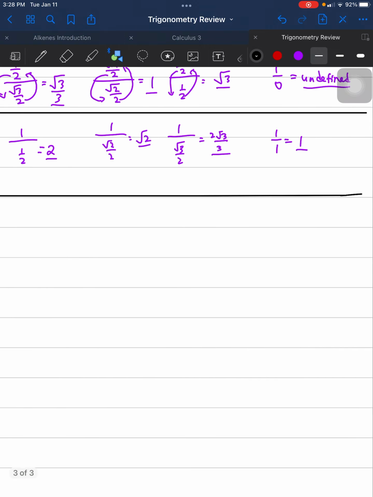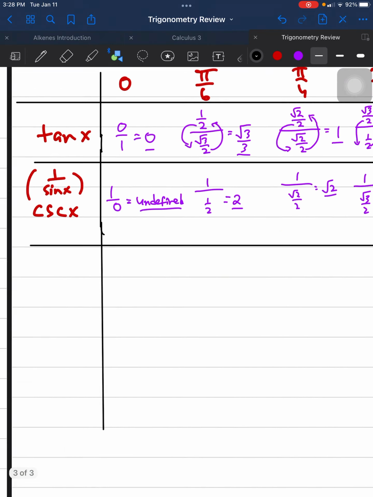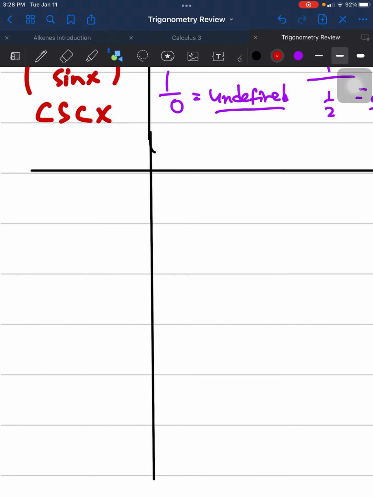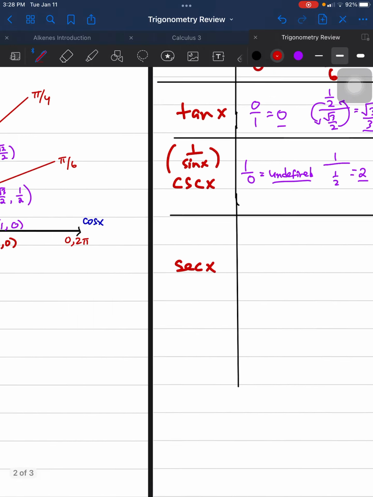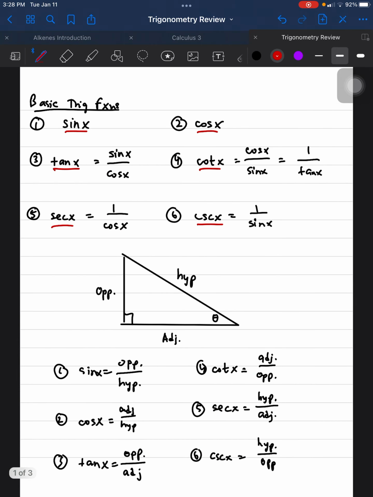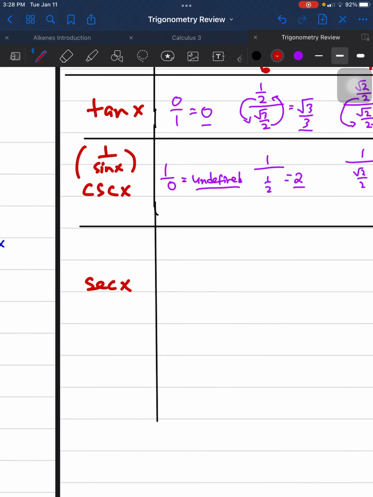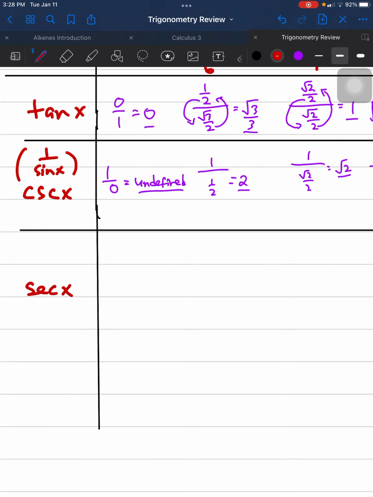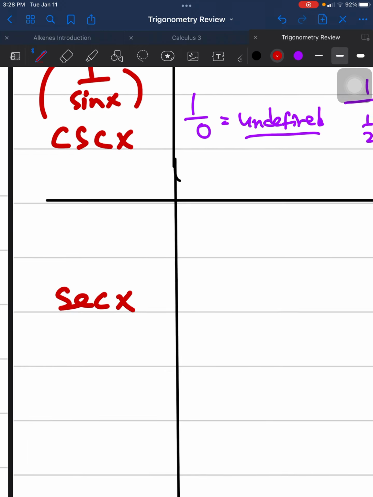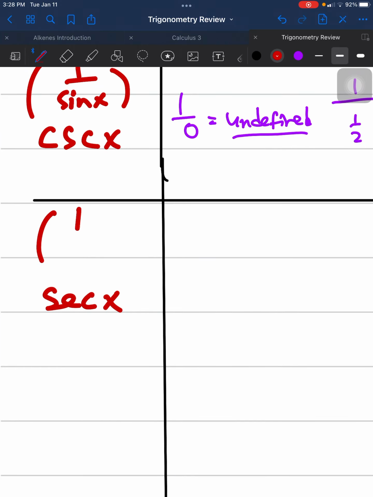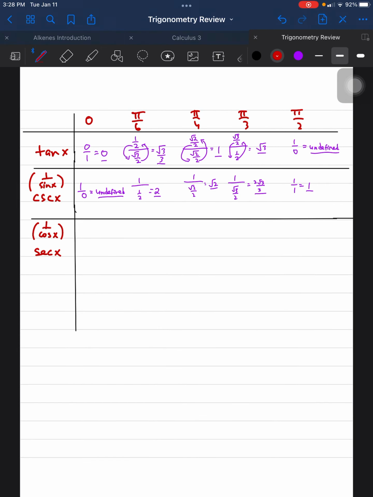Now moving on to secant x. For secant x, we can look back at the 6 basic trig functions. Secant x is simply 1 over cosine x, and similar to how we figured out the values for cosecant x, we can figure out the values for secant x.